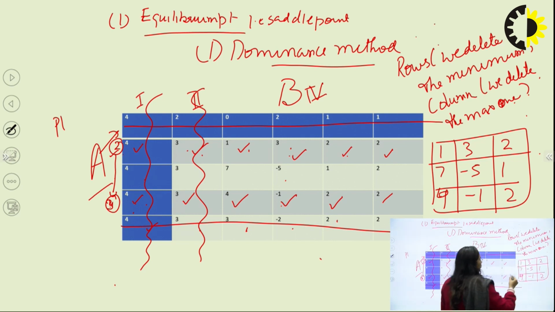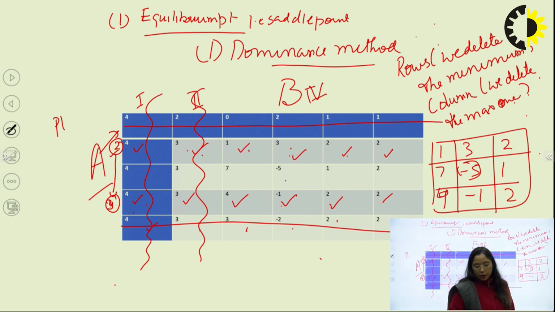In rows we will see 7, 1, minus 5, 3. Each and every element should be lesser than or greater than the other element of the row or column. Here 1, 7 is greater, but minus 5 is creating a problem. Now we will see row 7, 4, minus 5, minus 1. So it is smaller. So in rows I think dominance is not possible.